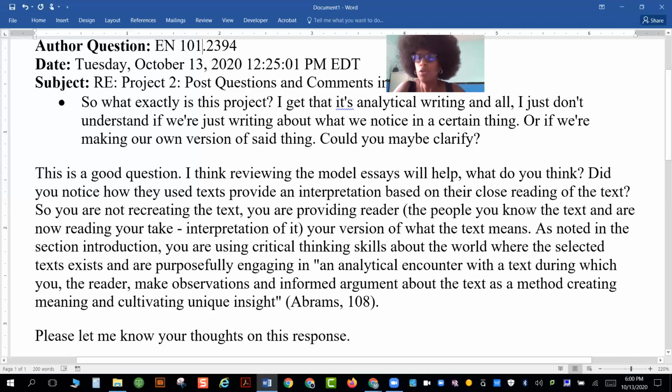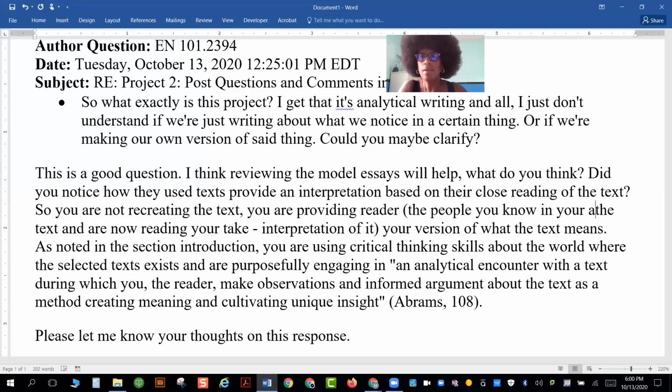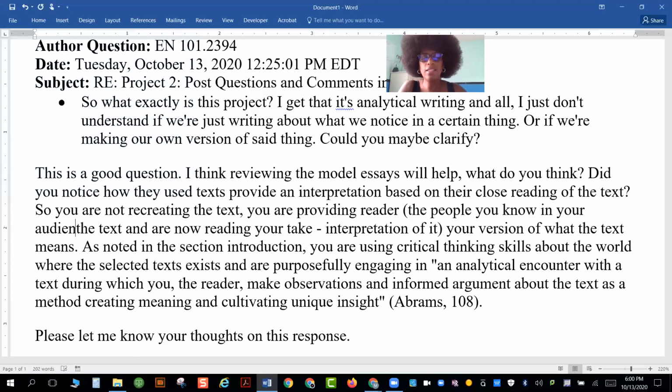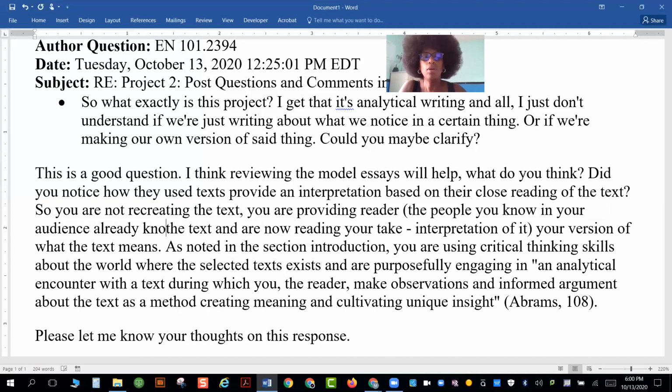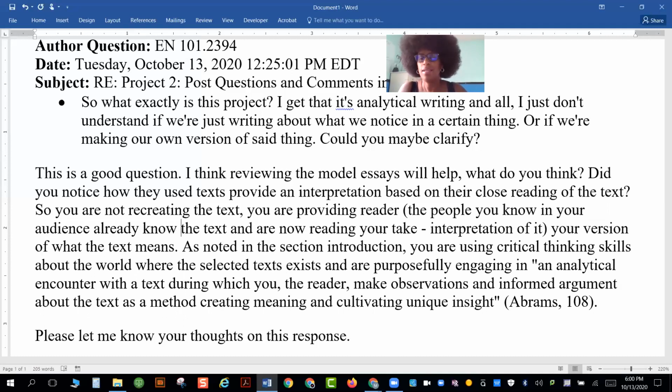So the people in your audience already knew the text. That's the starting point. So now what we are interested in is, well, how do you think this text means something? So what is your interpretation? What's your version of what the text means?